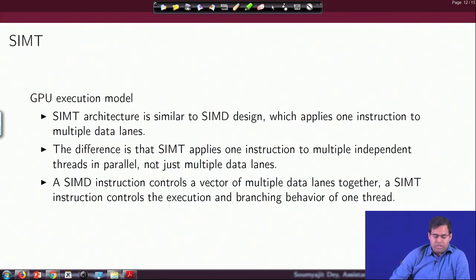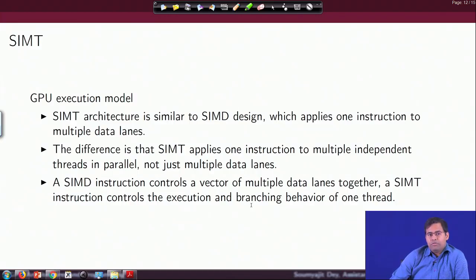So, the summary is that when I speak of SIMT, it is about one instruction getting applied to multiple independent threads in parallel, not just multiple data lengths. One SIMD instruction controls a vector of multiple data lengths together, whereas an SIMT instruction controls the execution and branching behavior of one thread.